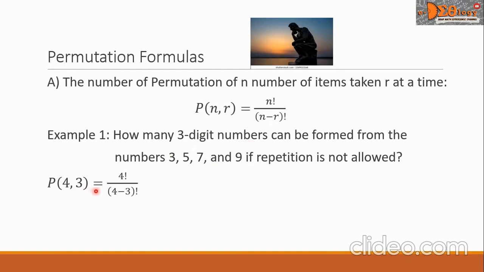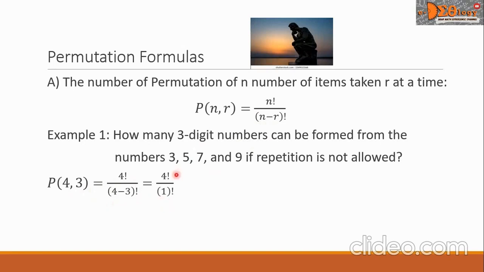This is equal to n factorial, which now becomes 4 factorial over n minus r, which is now 4 minus 3 factorial. Let us simplify this 4 minus 3. We have 1 factorial.